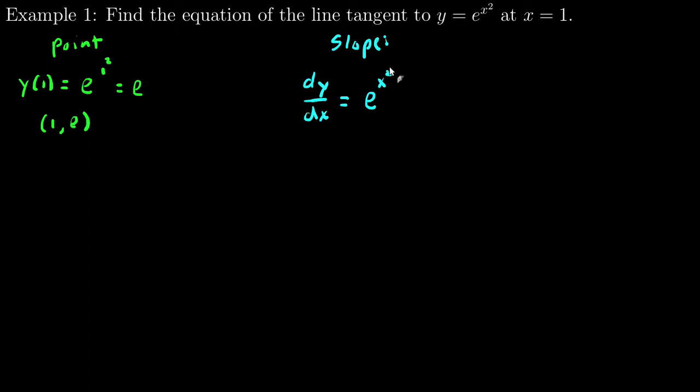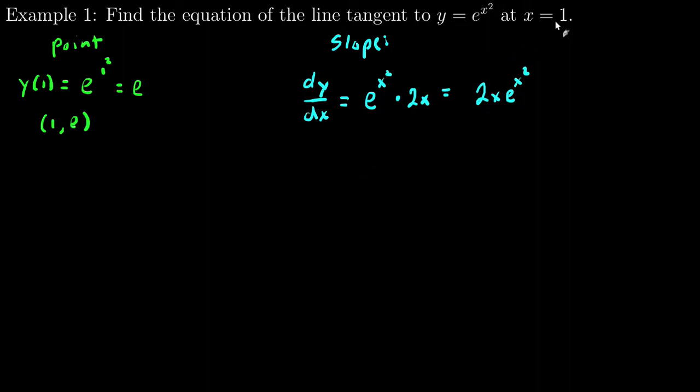But after chain rule, the inner function is this x squared, so I multiply this by 2x. I personally prefer to write this as 2x e to the x squared, but because multiplication is commutative, they're equivalent. So I always write it this way, but you can change these terms and still be correct.